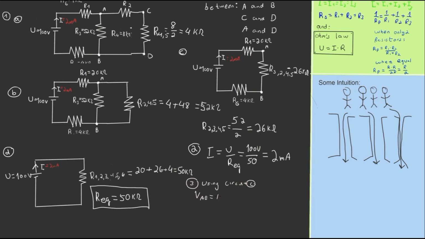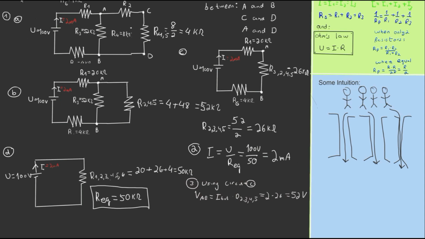V would be I total times R 2, 3, 4, and 5. That would be 2 milliamps times 26. That would equal 52 volts.